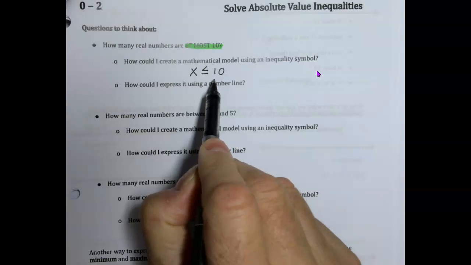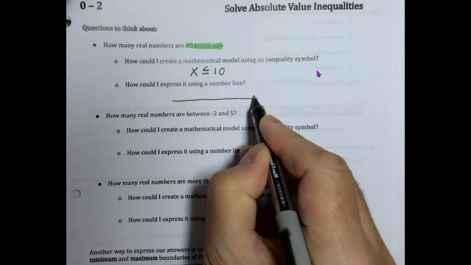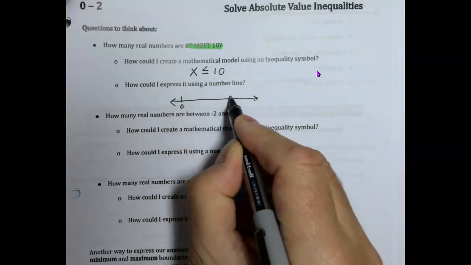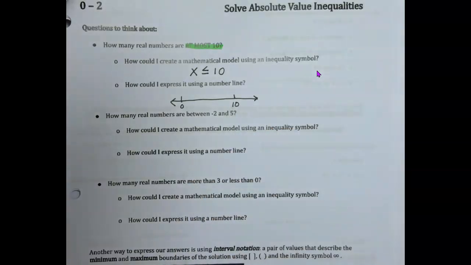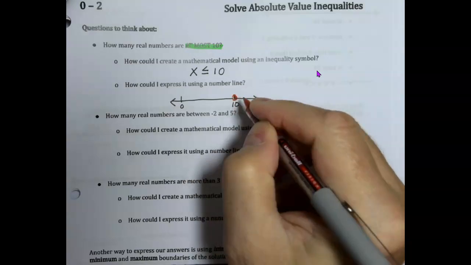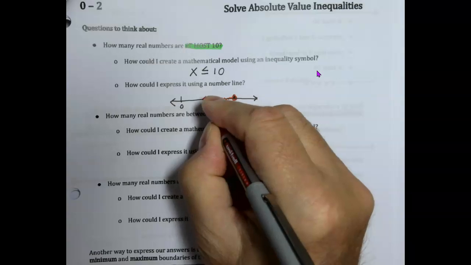So here's your inequality. If I graph it on the number line, we like to put 0 on the number line, and relative to where 10 is. And when it has an equal sign, we always have a closed circle, and shade all the numbers on this side.